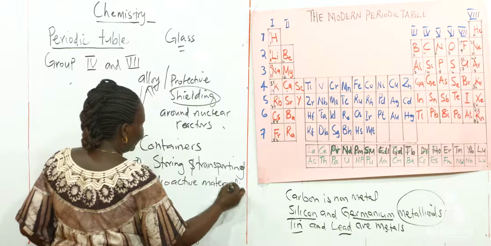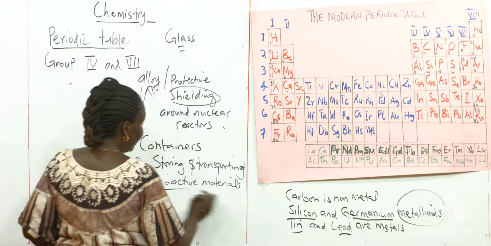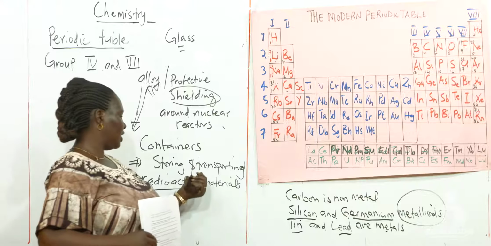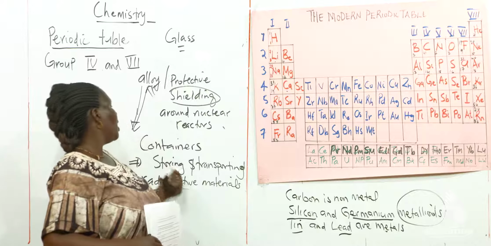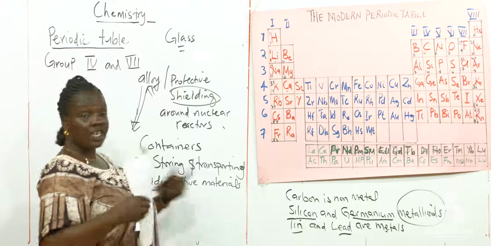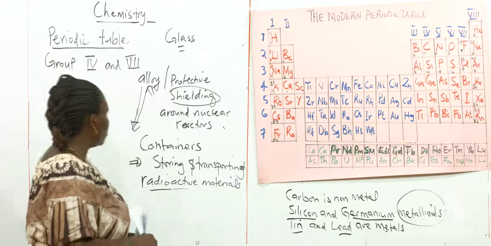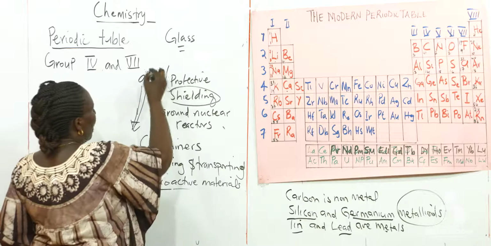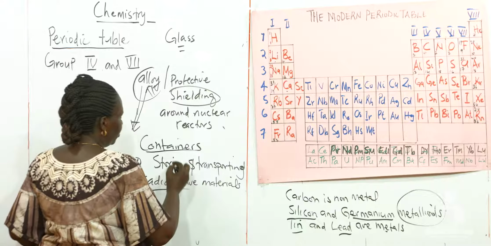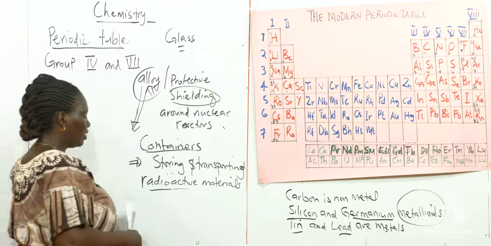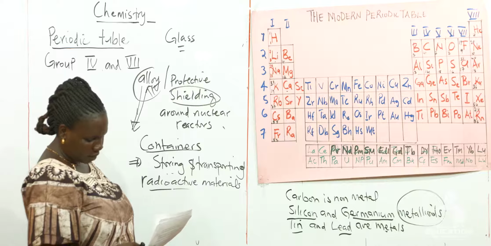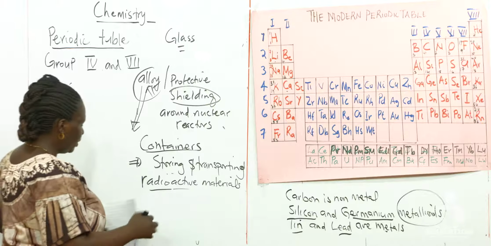So we know that radioactive materials are harmful to our bodies. So while transporting them, they need to be stored in containers that will not allow this radiation to come out. So an alloy will be used for making containers, and these containers will be used for storing and transporting radioactive materials.